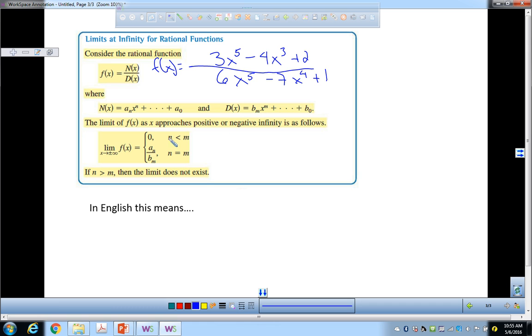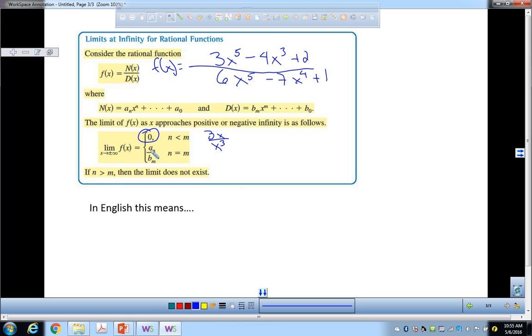If the degree of the top is smaller than the degree of the bottom, as in 3x over x cubed, okay? The degree of the top is smaller than the degree of the bottom. That's because this is the bottom function, this is the top function. Then the limit is 0, right? In other words, you'd have a horizontal asymptote at 0, if you were to graph that, okay?